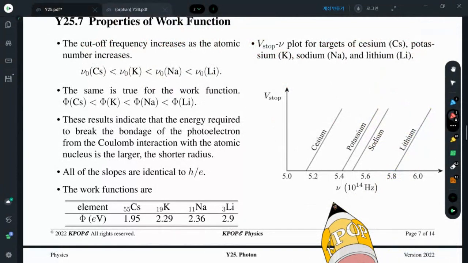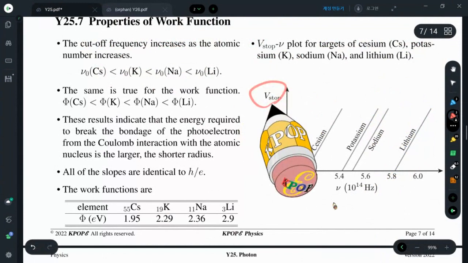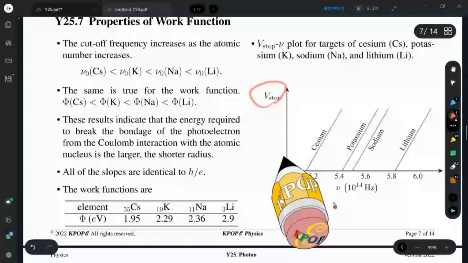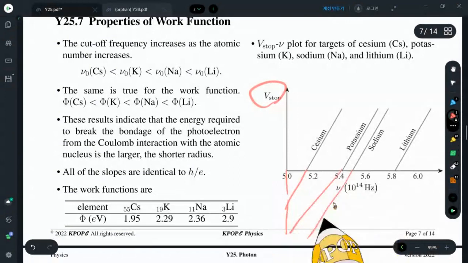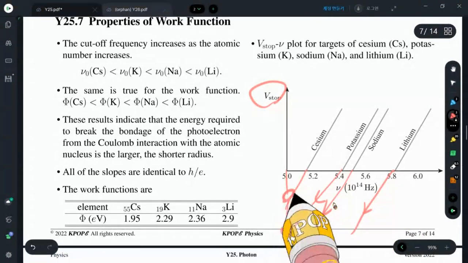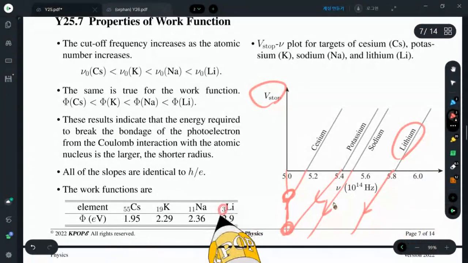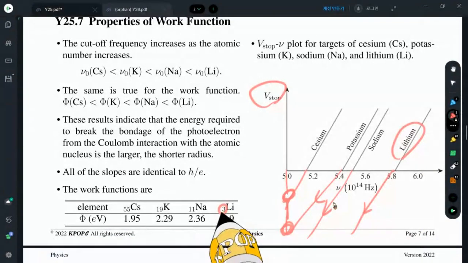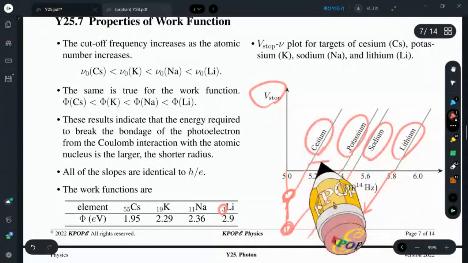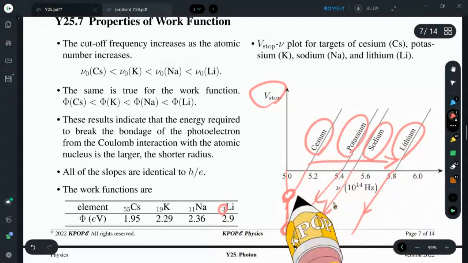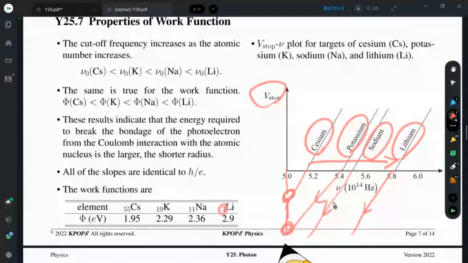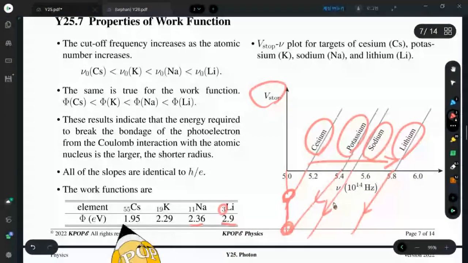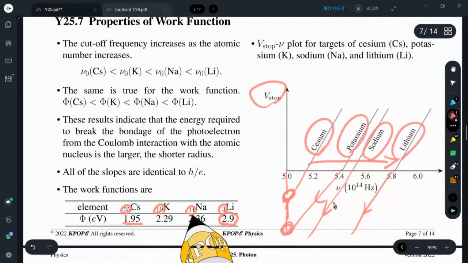If you look at this plot for the V-stop, extend this line, and you will find that the magnitude of the y-intercept increases as lithium 3, what's that? Atomic number. As atomic number decreases, this work function increases. So you can find that this is small and it increases as the atomic number decreases.